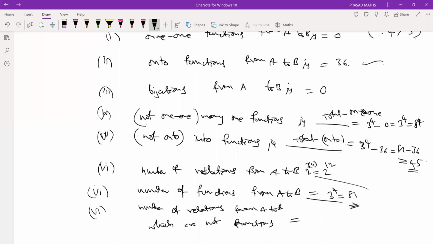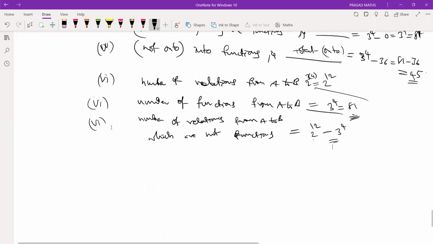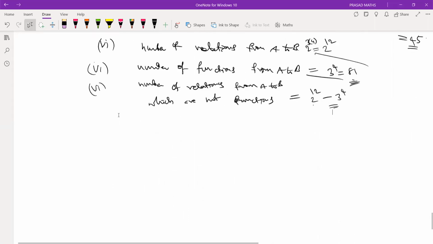So what is this? Total relations minus functions. Not functions means total minus functions. How many functions? 3 power 4. Right?